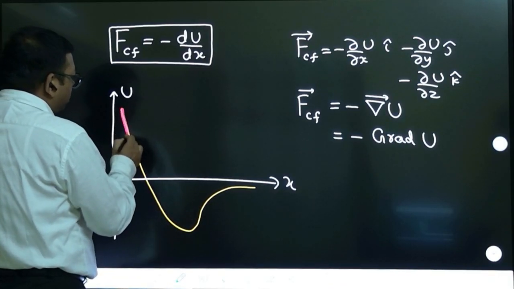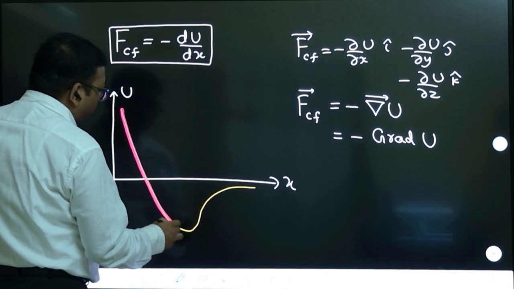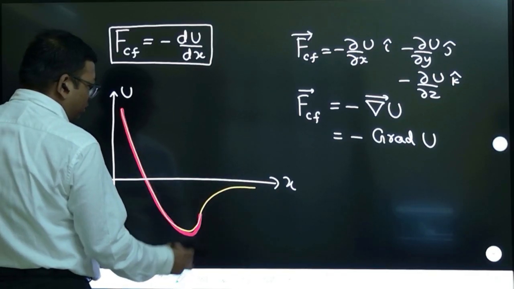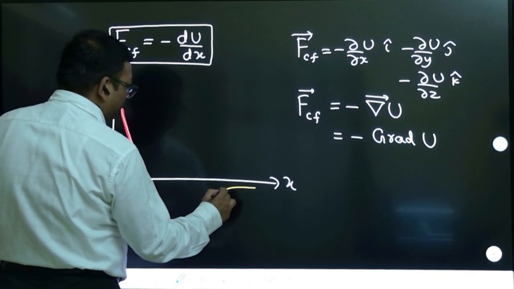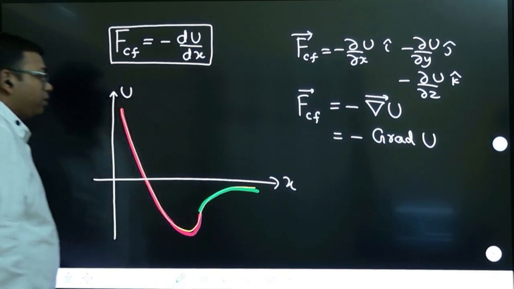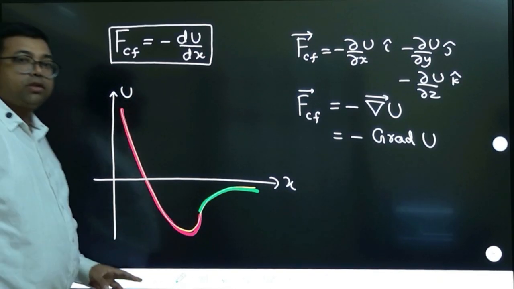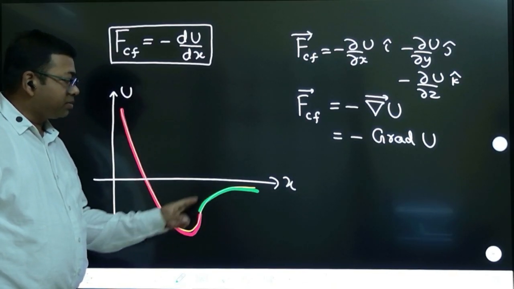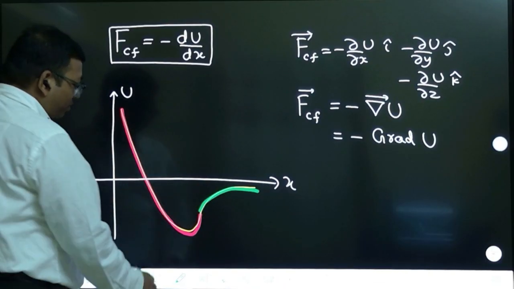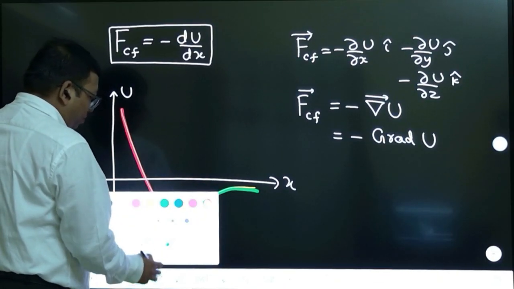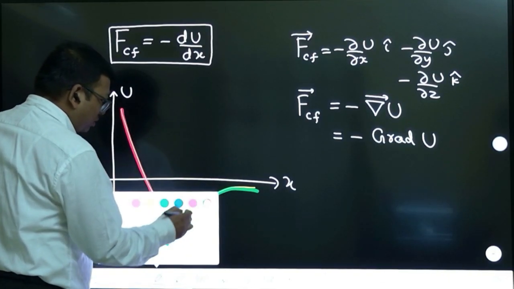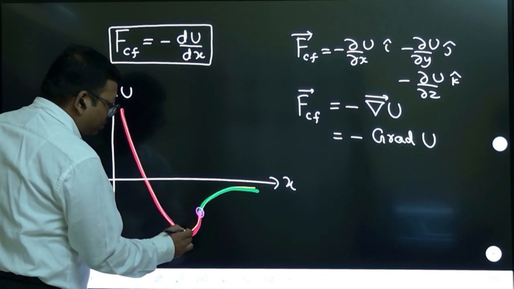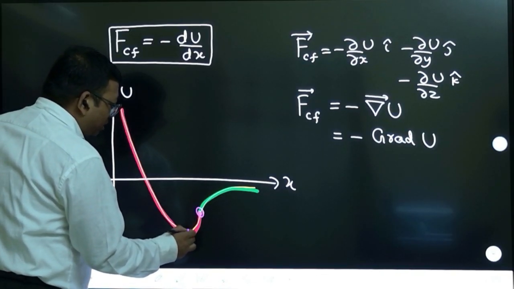This side, from here to here, is completely concave. At one point its nature is changing, it is becoming convex. So there is a point where the shape of the graph is changing, and this is a point where there is a minima.